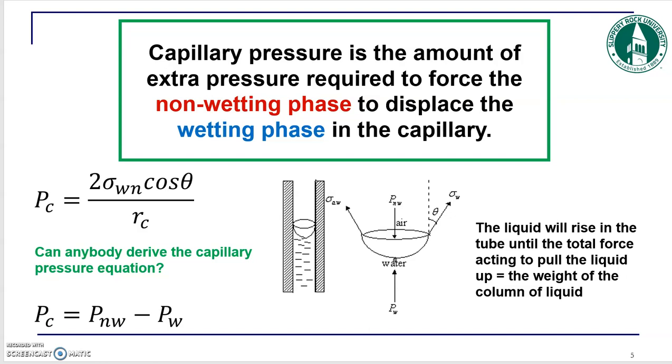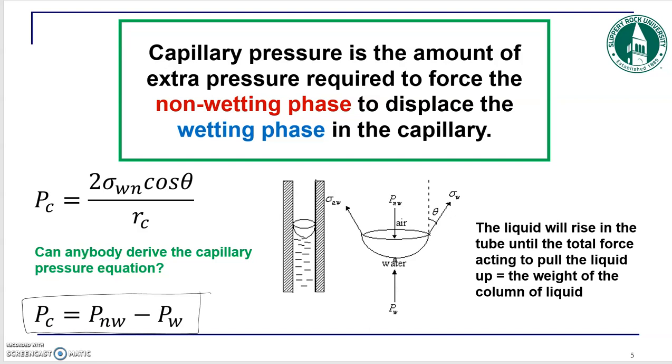So these two pressures are different. They are not the same because of this adhesion tension. So the non-wetting pressure, the pressure inside the non-wetting phase, which is air at the interface, is not equal to the pressure of the wetting phase exactly at the boundary. So there is a difference, and that difference is called capillary pressure.